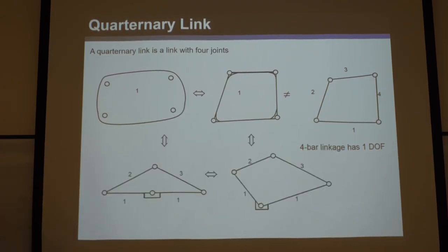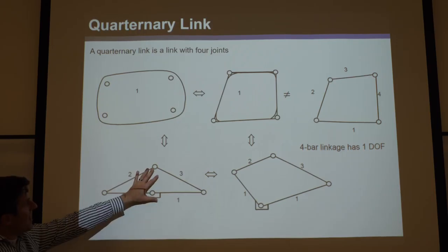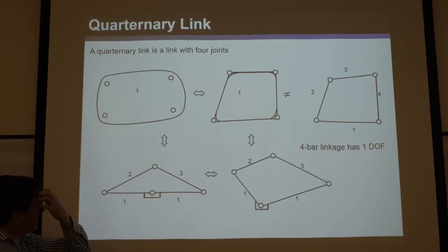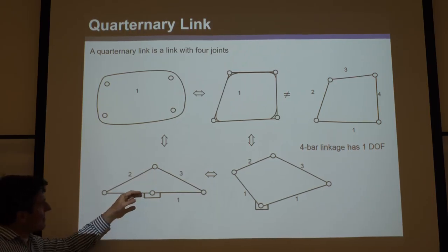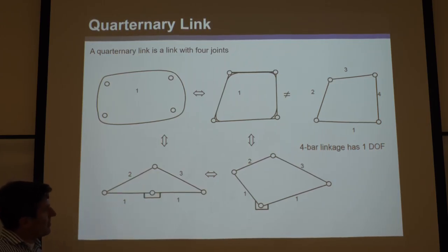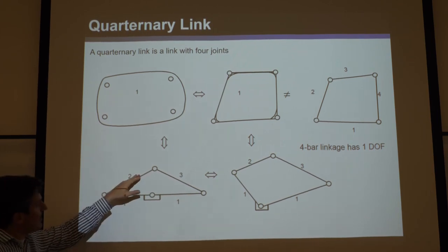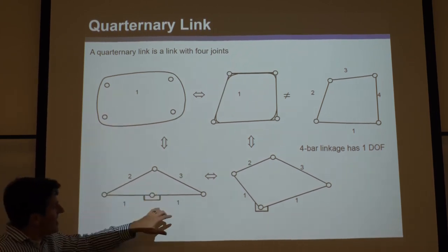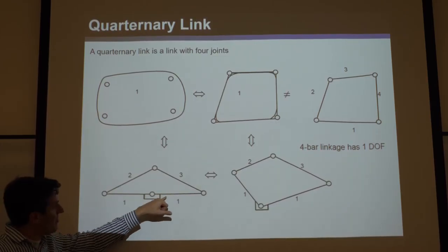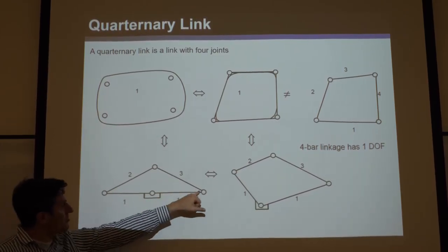Okay, so now we go to other examples here. This is not a quaternary link, because it consists of 3 links. This link would be a binary link, this link would be a binary link, and this link, remember, it's bridged together, would be a ternary link, 1, 2, 3.